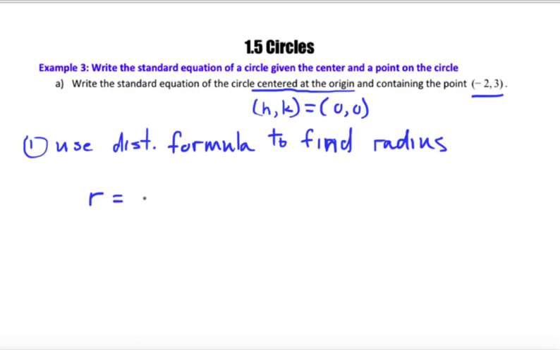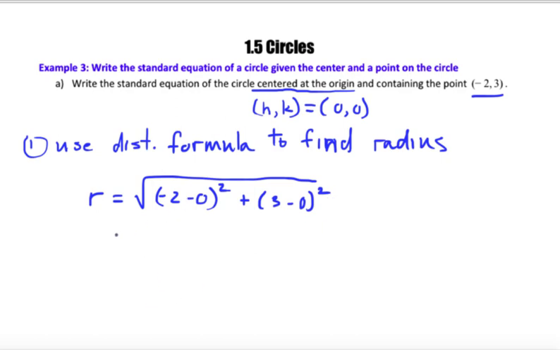So radius is equal to the square root of, remember, the difference of our x values, so -2 minus 0 squared plus the difference in our y values, 3 minus 0 squared.